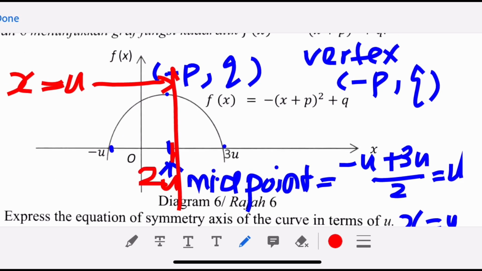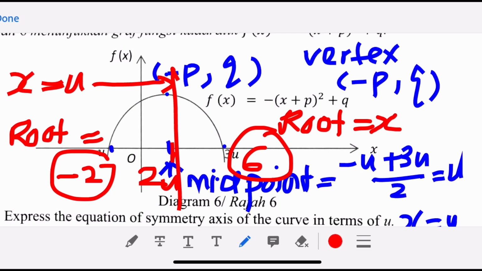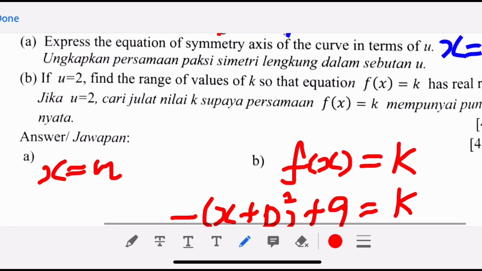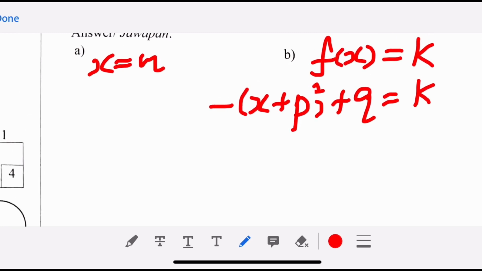You have the graph f(x) equal to negative (x plus p) squared plus q, and the points given are negative 2 and 6. Those are the two roots. Roots means the x-intercepts.